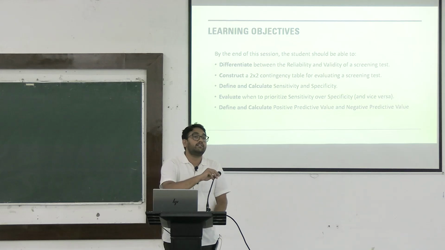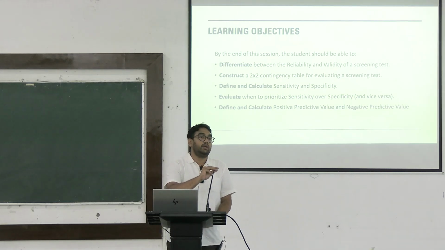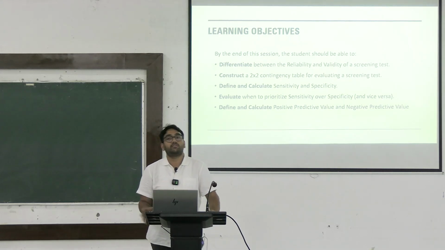As far as you are concerned, it is extremely important for your exams as well and for your postgraduate entrance exams as well, that you are able to understand how to construct a 2x2 table and what are the various parameters that we can gain out of that 2x2 table and what it essentially entails. Okay, it is very, very important.